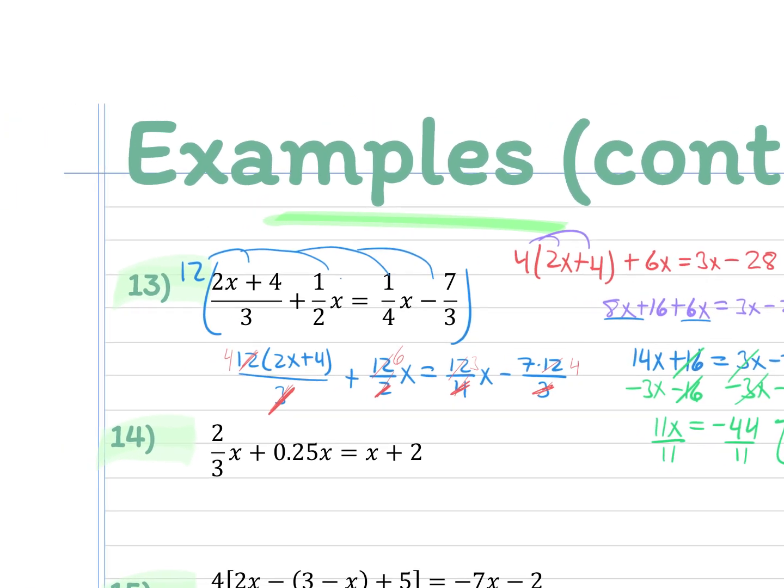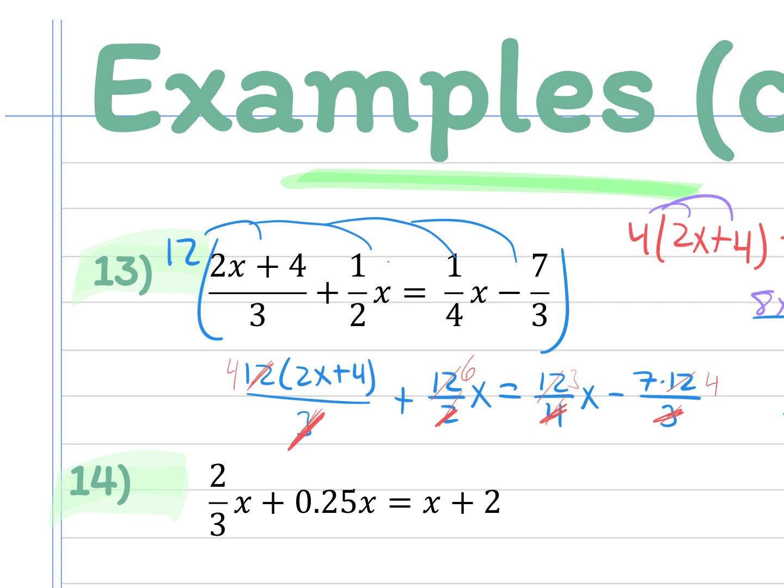But that's always going to be the hardest step, and I even saw in class some of you were struggling a little bit with this concept. You have to know what to multiply this entire equation by, because you don't want to deal with fractions the entire way through. That's just going to make it super complicated.